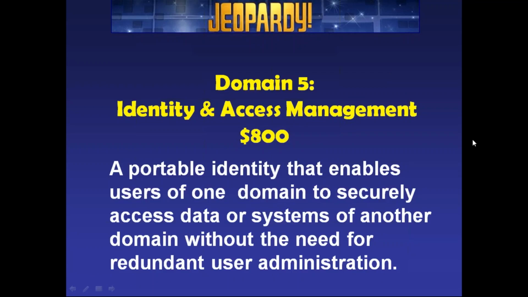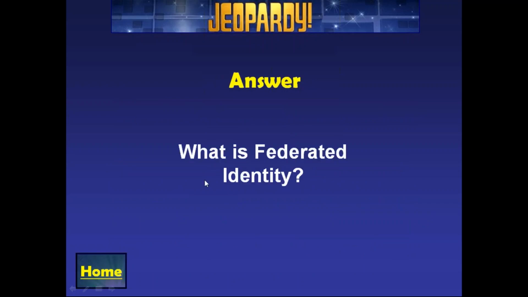That's close, Roger. No cigar. Becky has misspelled, unless she spelled it correctly and is wrong. And then Roger comes in and pips you with a better response. Correct response is from Roger, federated identity.